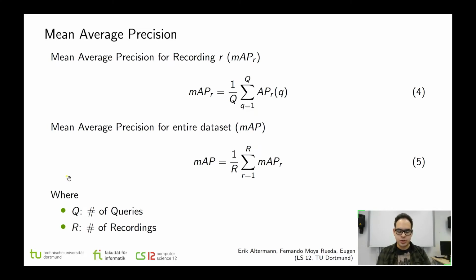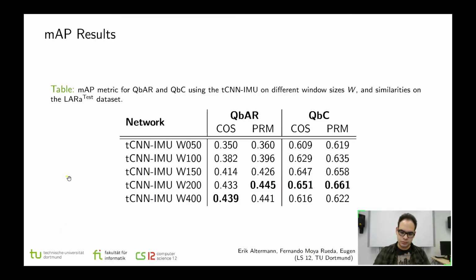Then we take the mean of the average precision per recording, where we go through each query, sum up the average precisions and divide by the number of queries. And then we take these mean average precision values for single recordings, sum them up again, and divide them by the number of recordings.